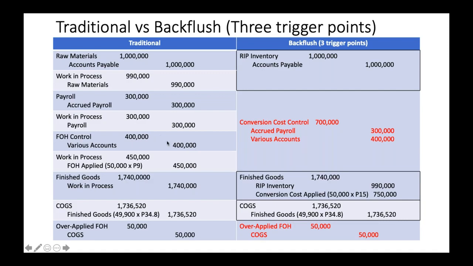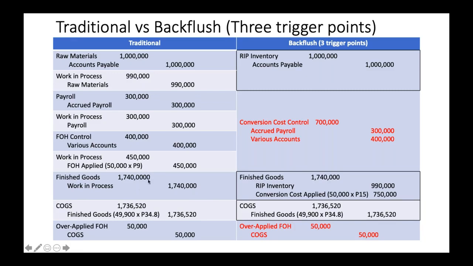And then the applied factory overhead is debit work in process, credit factory overhead, 450,000. I think you already understand where we get 50,000, the actual units produced, and the 9 pesos applied factory overhead, as I explained a while ago on the givens of the example.